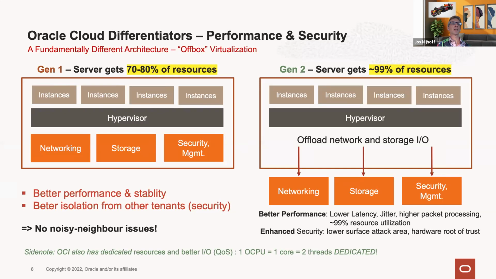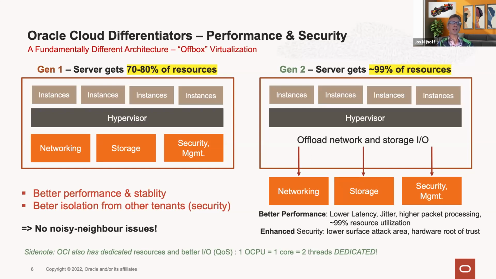And that gives better performance and stability, and also better isolation from other tenants. So it also has security advantages. And because that is in separate hardware, the attack surface for hackers is a lot smaller.